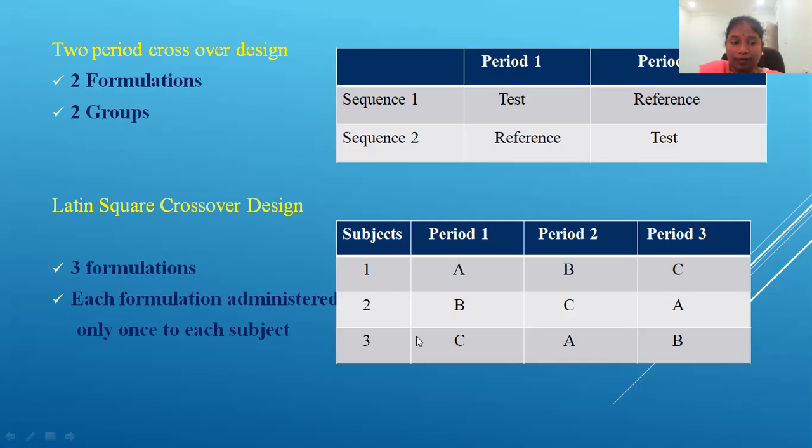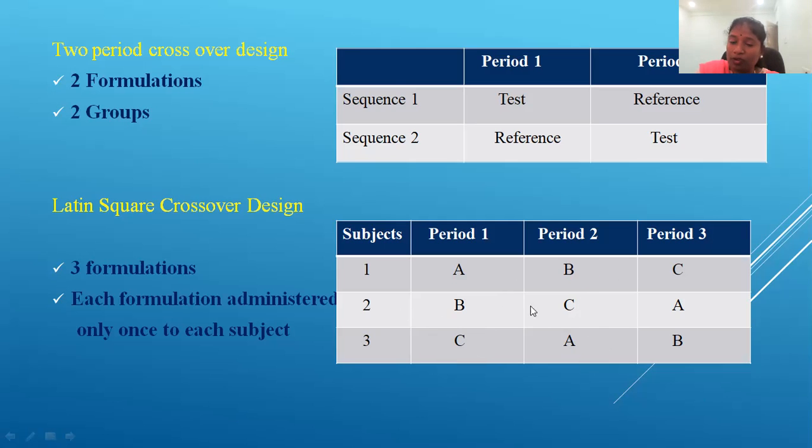In the first period, for example at 10 o'clock, you give the first subject formulation A, the second subject formulation B, and the third subject formulation C. In the second period you do not repeat the same formulation, you alter it. So the first subject gets B, the second subject gets C, and the third subject gets A. So there is no repetition, and different formulations are given.